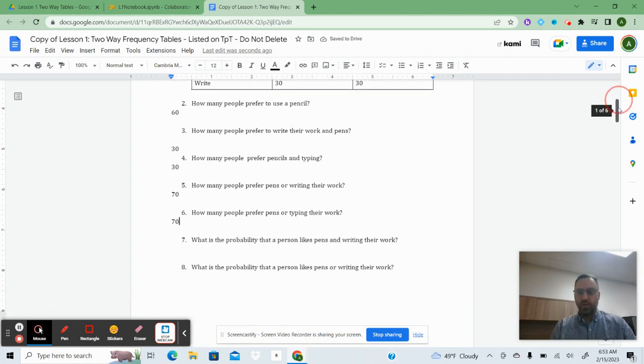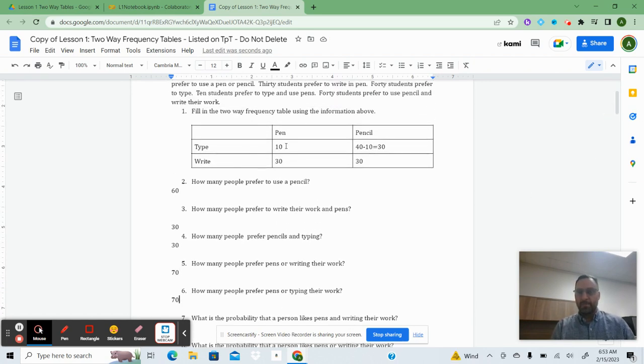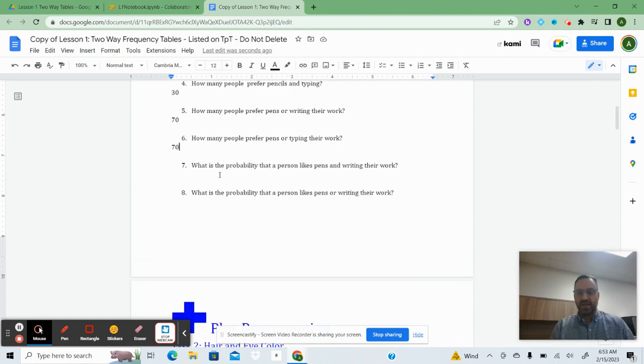What is the probability that a person likes pens and writing? Pens and writing is 30 out of 100. To write that probability, I can go 30 out of 100, or that equals 0.30 or 0.3. What is the probability that a person likes pens or writing?